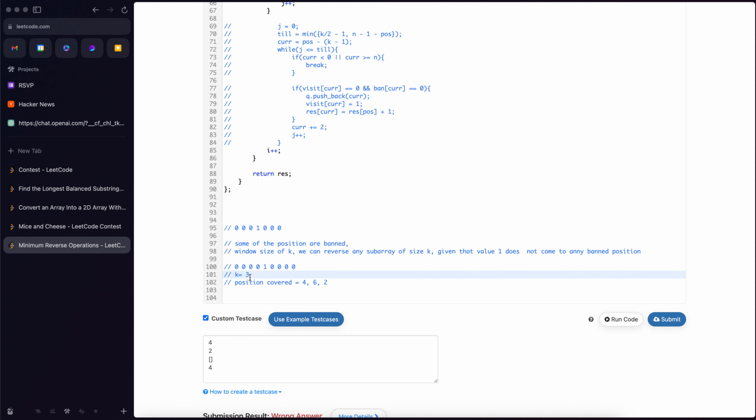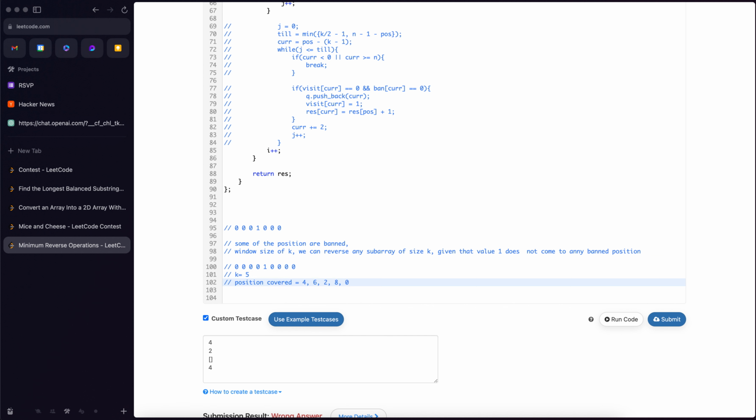If you take k as 5 instead of 3, if you take these 5, you would be able to cover position 8 also. If you take these 5, again you would be covering position 6. If you take these 5, no change. If you take 3 to 5, you would be covering position 2 again, and if you take the first 5, you will be covering position 2.